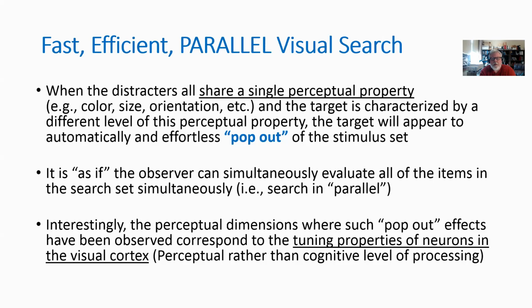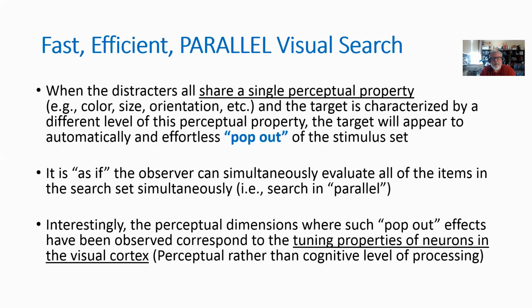And this occurs in the special case where the distracting stimuli all share a common perceptual property, and the target, on the other hand, is characterized by a different level of the same perceptual property. So, for example, if all the distractors were blue and the target was green, there'd be a clear perceptual distinction between the target class and the distractor class.